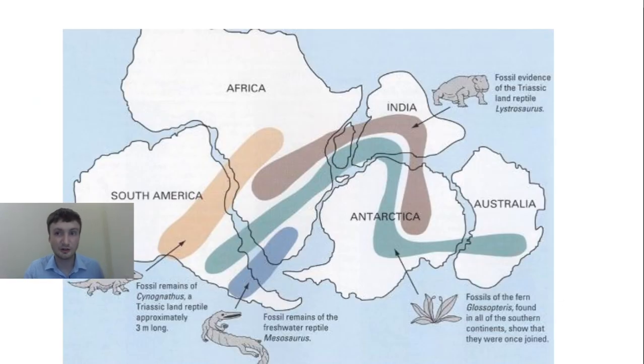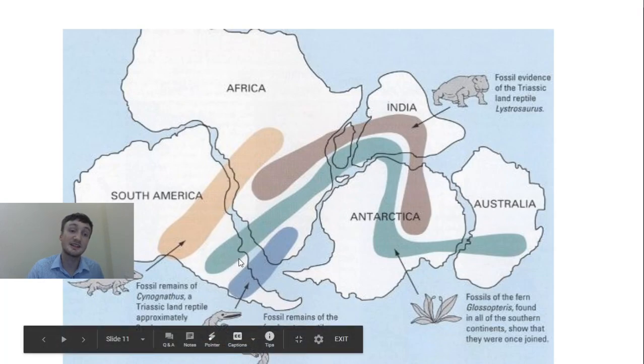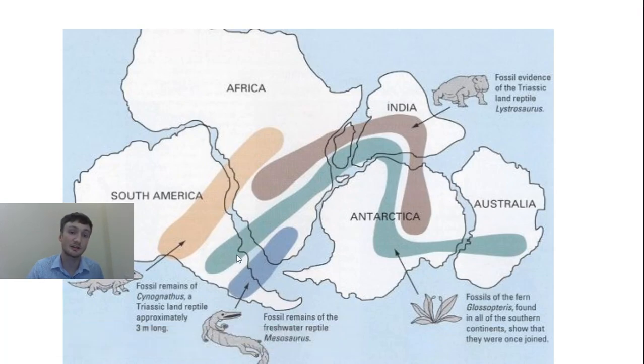Another interesting thing you can do is look at where fossils are found on the planet. So if you find some fossils on the west coast of Africa, and you find them also on the east coast of South America, you can think, maybe those two continents used to be joined together.